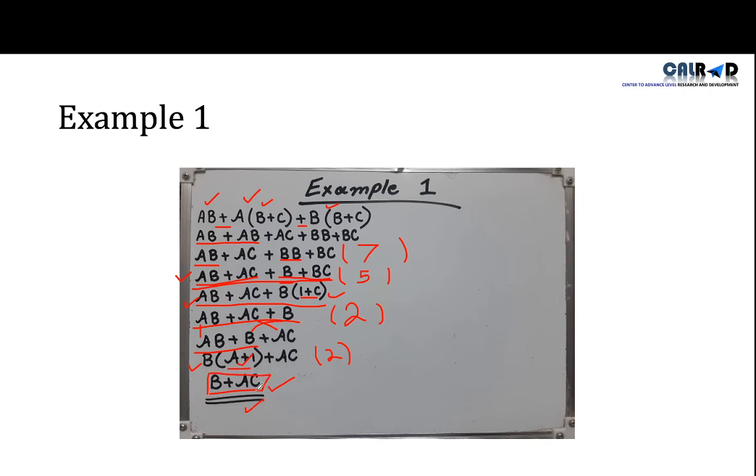If you want to draw the block diagram for B plus AC, how many gates will you use? You will use only 1 gate for this one and 1 gate for combining. So a total of 2 gates are used. So instead of using 4 gates, if we simplify the equation, we can use only 2 gates.